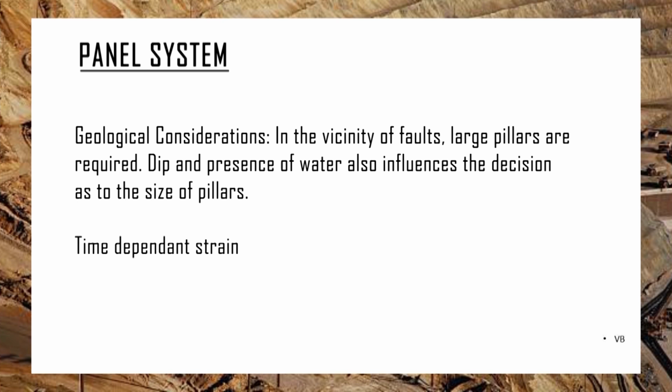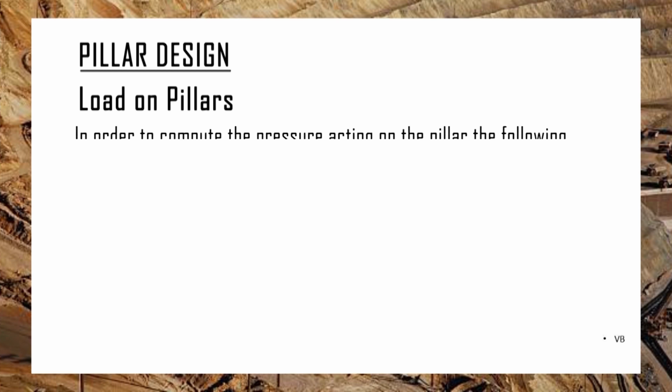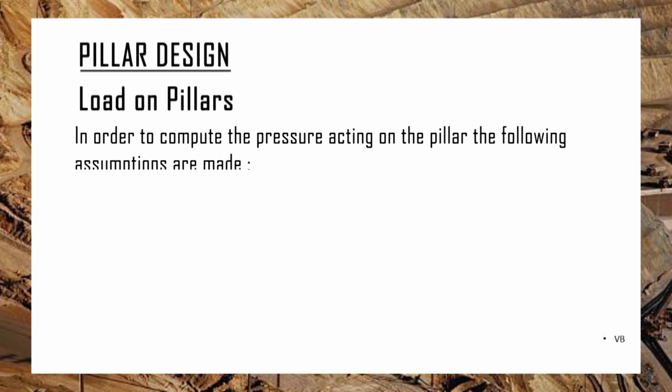Next, time dependent strain is considered in pillar design. In pillar design, the first one is load on pillar. In order to compute the pressure acting on the pillar, the following assumptions are made.